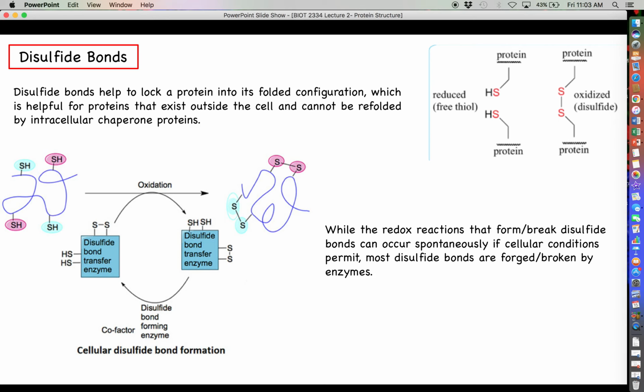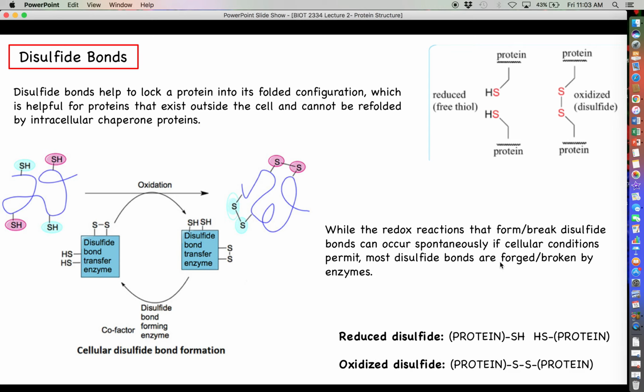Oxidation referring to gaining electrons, and reduction referring to the loss of electrons. So whether conditions favor oxidation, in which you would see more disulfide bonds, or reduction, in which you would see fewer disulfide bonds, that's going to be a lot of what determines whether we form disulfide bonds or break them.